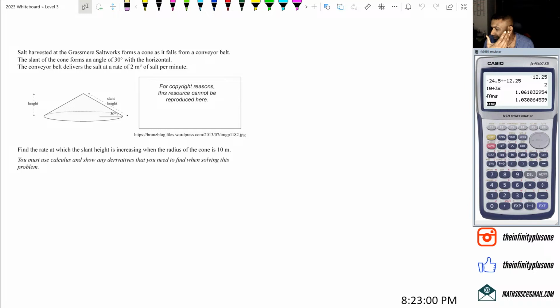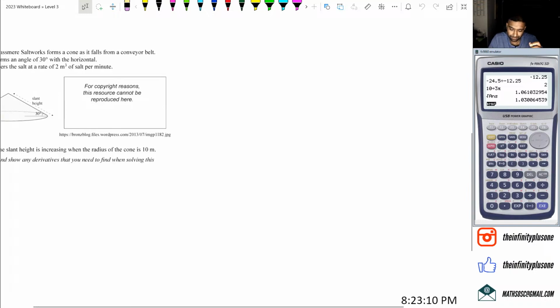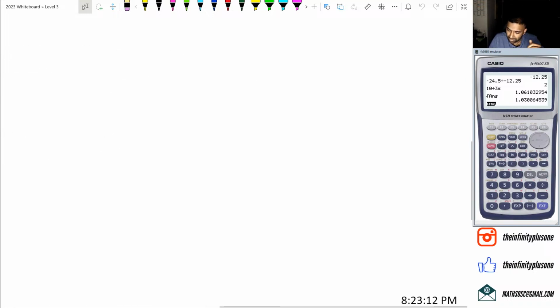with rate of change questions, I always go like this, right? They usually give you two types of rate of change questions. There's a two-dimensional one and there's a three-dimensional one.